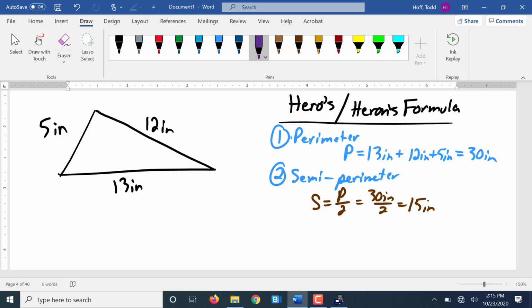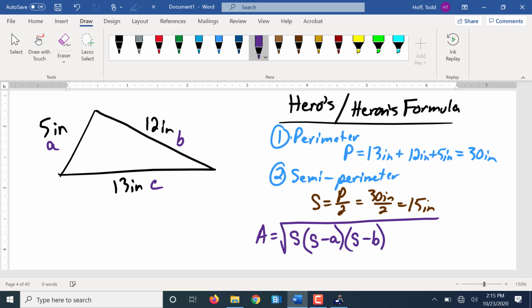If you label the sides A, B, and C, where A is the smallest side going up to C being the largest side, the area, this is kind of an ugly formula, is the square root of the semi-perimeter times the semi-perimeter minus the smallest side times the semi-perimeter minus the medium side times the semi-perimeter minus the longest side.